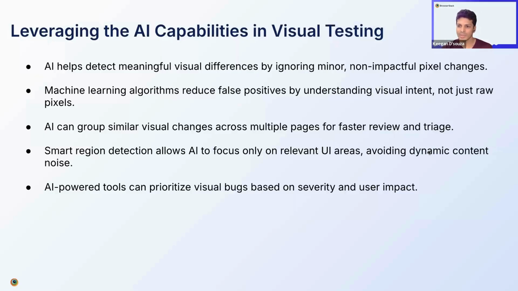We also try to group similar changes together to make it much easier to understand what's changed on multiple pages. Say you've got a footer bar or a header that has changed on several pages all across the website. We make that easier by grouping those changes together so that the review process goes faster and easier.